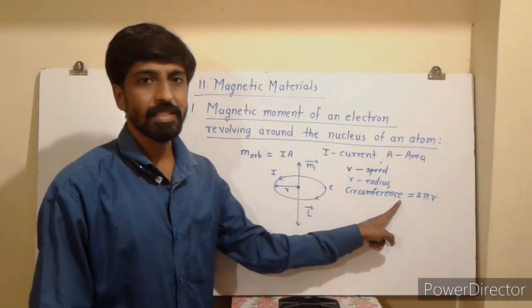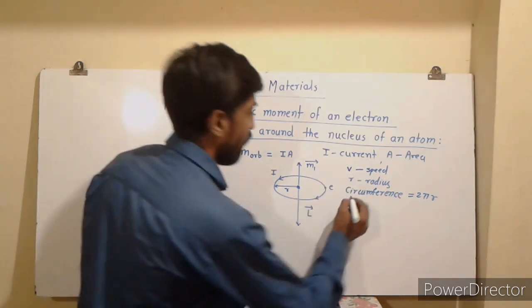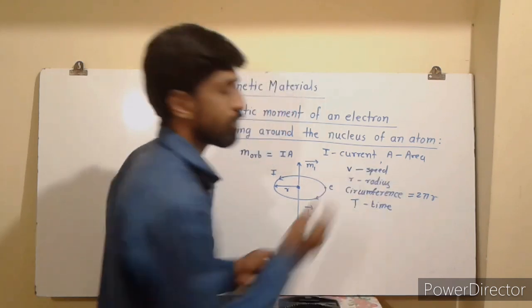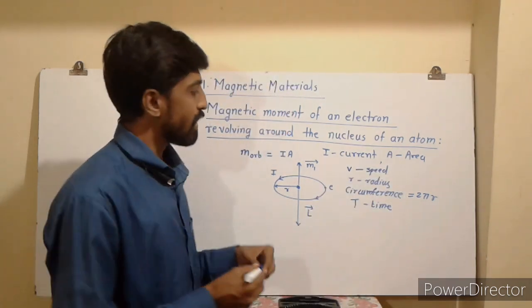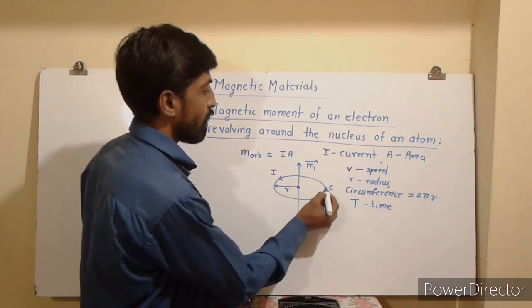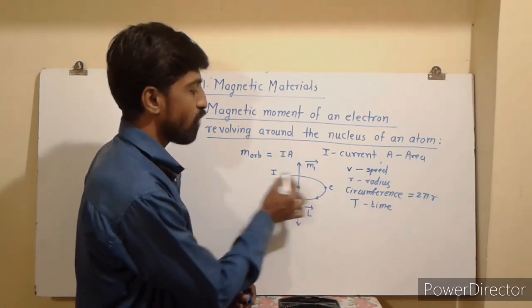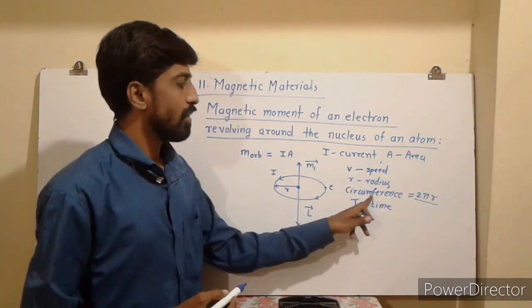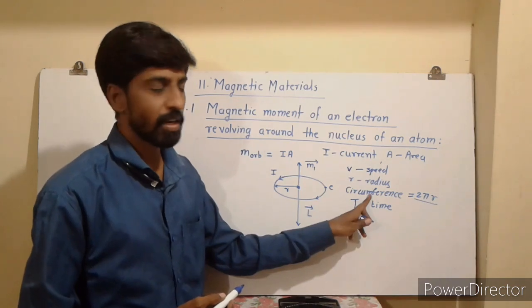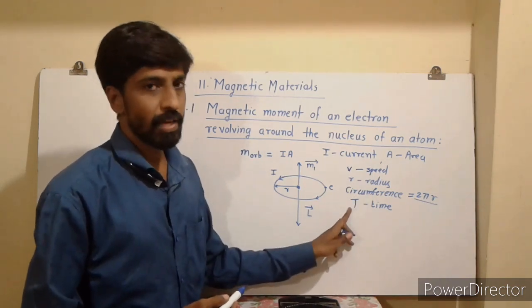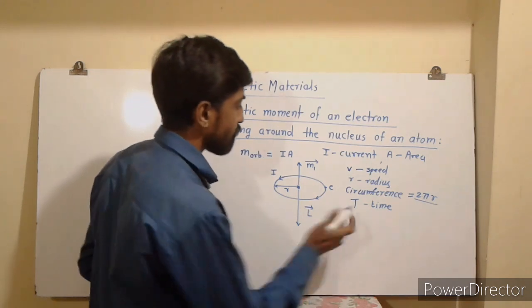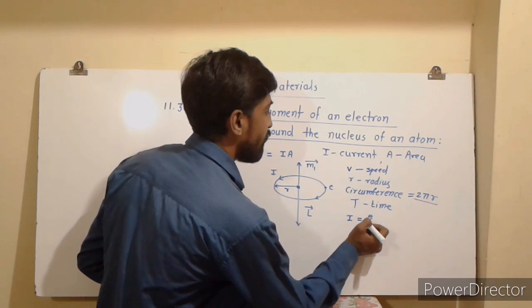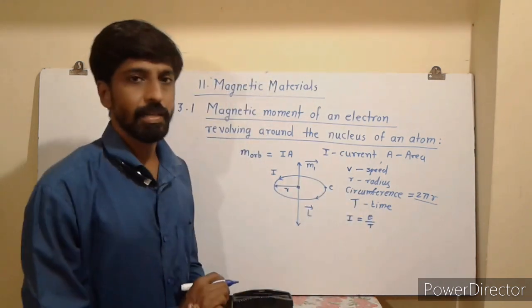This is the distance traveled by the electron in time T. So here we can say that the electron is the charge which is revolving around the nucleus. It completes the distance equal to the circumference of the circle within time T. So therefore the formula for the current is I is equal to e divided by T.